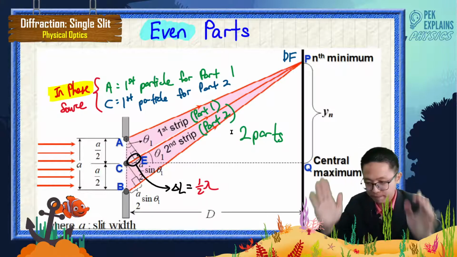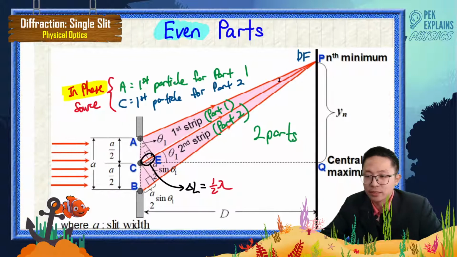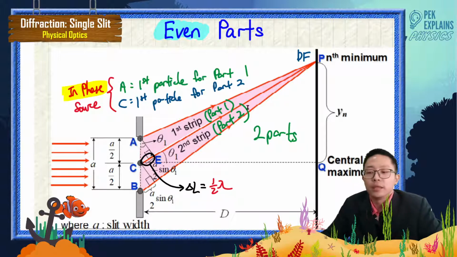Okay, good. Now, look at here. The first particle here produced a dark fringe. So what I can say is, wave A, the first particle for part 1, and the first particle for part 2, or we can say wave A and wave C, they cancel each other.